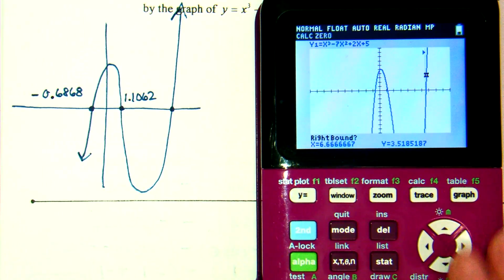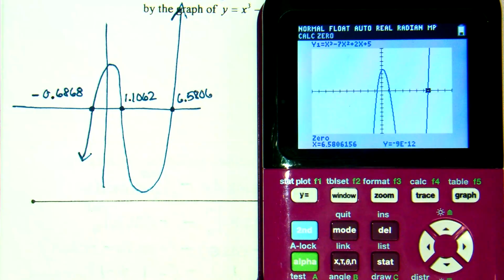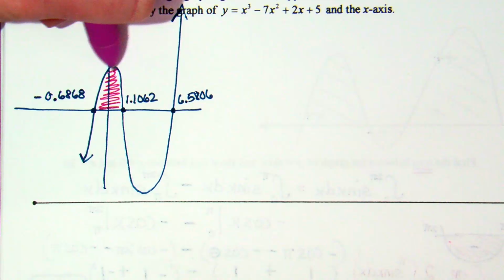Okay. What do we know about the area here? The first interval is positive, the second interval is negative. First interval is above the x-axis and thus has a positive value. Second interval is below the x-axis and thus has a negative value. So we're going to write this out.